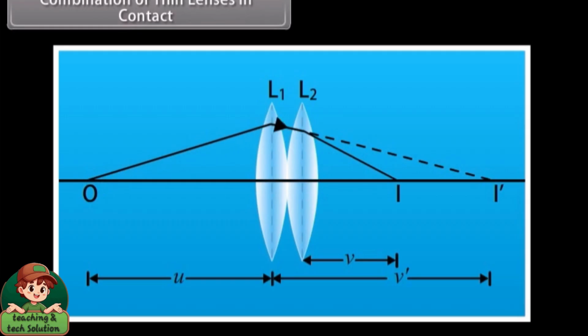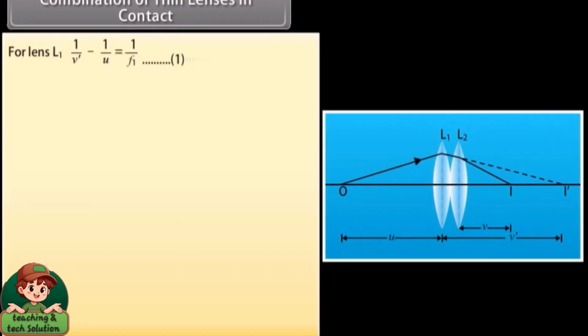That is, I' is the image formed by the first lens L1 alone. If v' is the distance of image I' from the lens L1, then for lens L1, 1/v' minus 1/u is equal to 1/f1. Name it as equation 1.